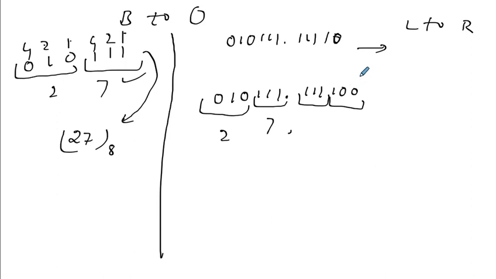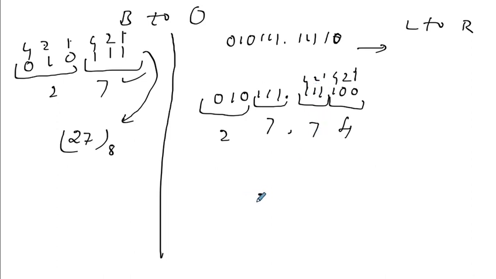Again the same procedure: write the weights 1, 2, 4. What do I need to write here? 4 means what? These are 2 zeros, so I should not consider 2 and 1. I only have to consider 4, so I will write 4. Here 1, 2, 4 again. If I add all these three digits, that is 7.